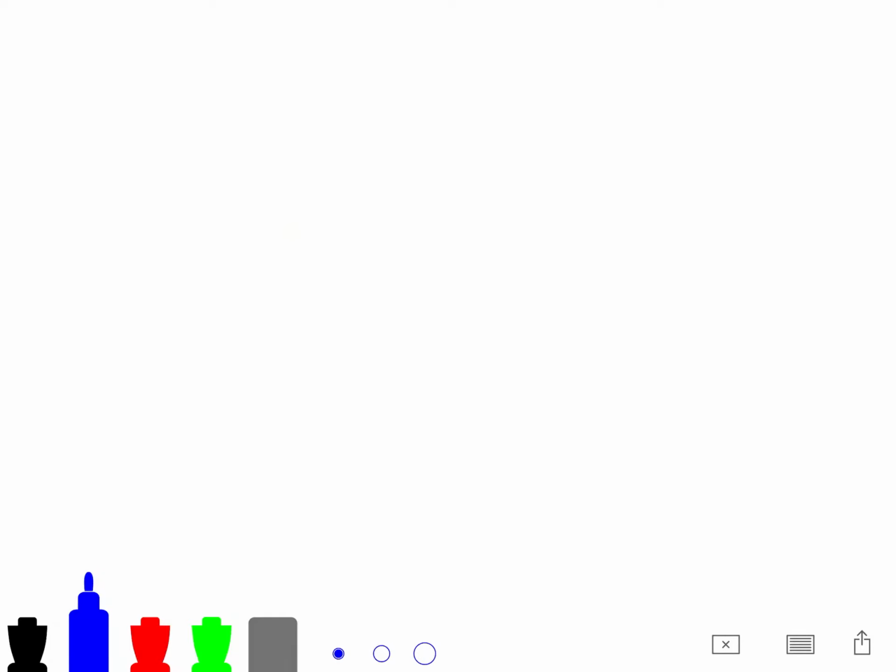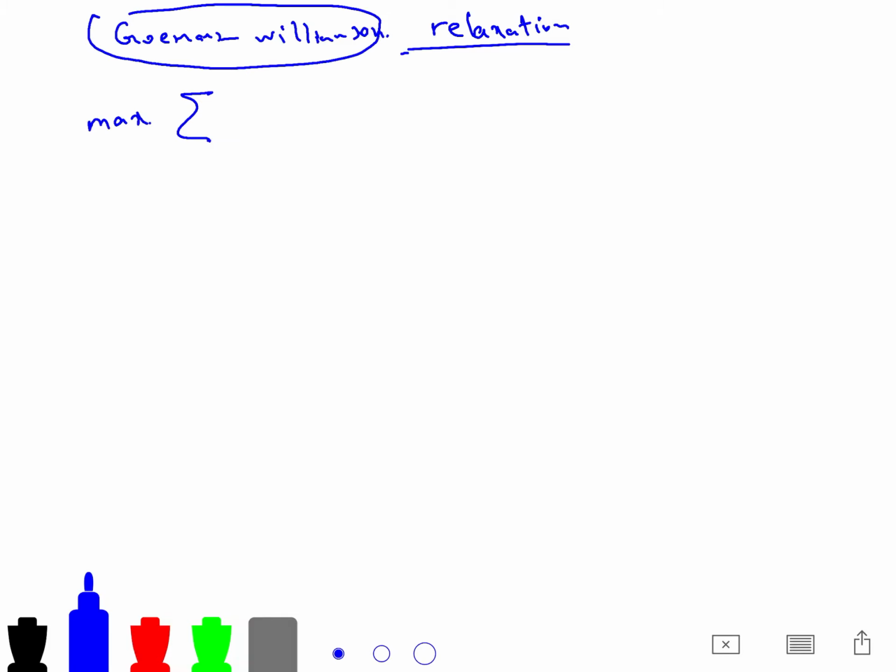So now x_v is a vector instead of just a scalar, and this is the idea of Goemans-Williamson. It is famous because they introduced this relaxation. It's a random relaxation. So we want to maximize. The point about this is that, first of all, our labeling is not just a scalar, it's a vector.